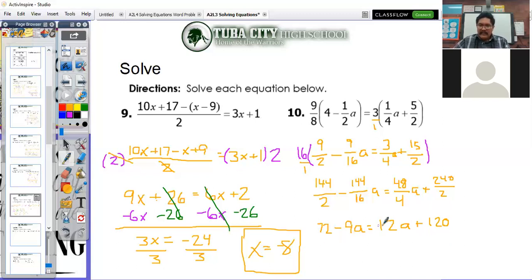Now, I'm going to keep a positive, and you actually have a choice here. I can minus 12a and have a be negative, and then just divide both sides by a negative number. Or I can keep a positive and add 9a to both sides.